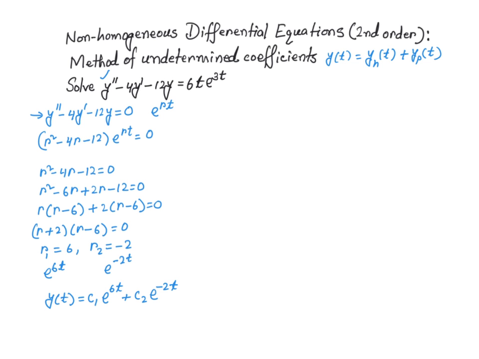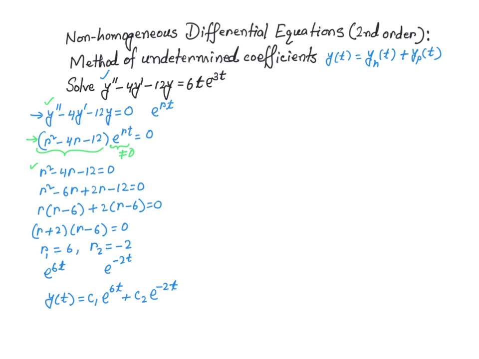If we do that, we get the following characteristic equation: r squared minus 4r minus 12 equal to 0. Actually, after taking the derivatives and inserting those into this equation, we get this equation. And here, e to the power rt is not going to be equal to 0 because it's an exponential function.